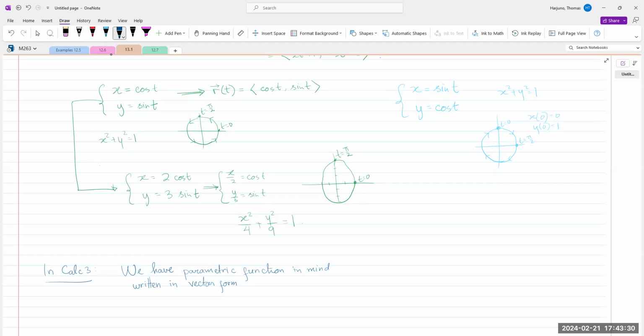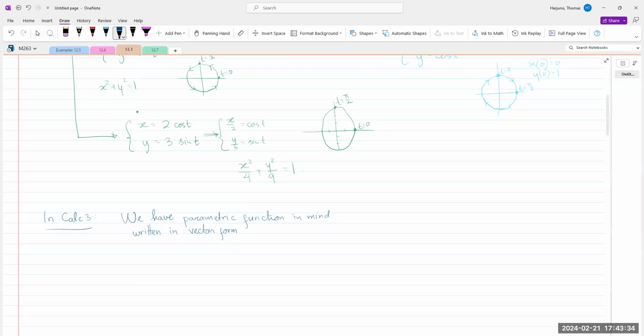Therefore, we call that a vector function. For example, suppose instead of only 2 dimensions, let's make it 3 dimensions, where we have cosine t, sine t, and then the z component is 2.